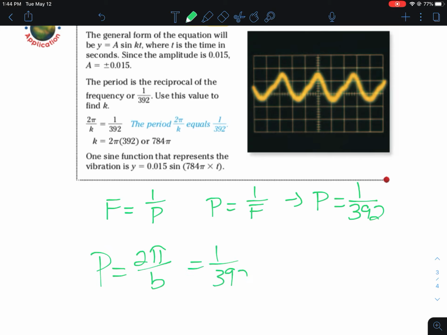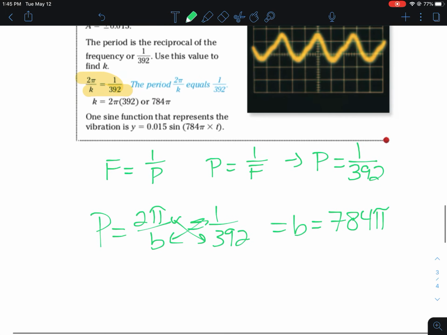But remember that the period is equal to 2 pi over b. And that's what they're doing here. They use k instead of b just because it's an application, but you could use either. And then they cross multiplied. And you get b is equal to 784 pi, right? 2 pi times 392. So that's what has to go in your equation for the function.